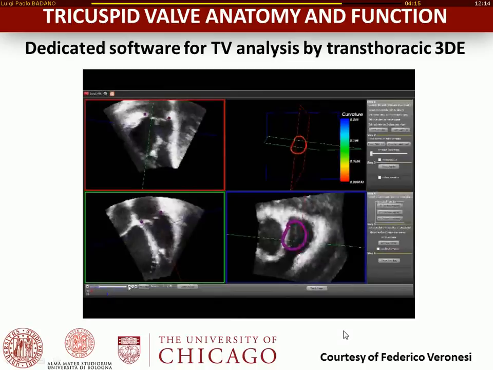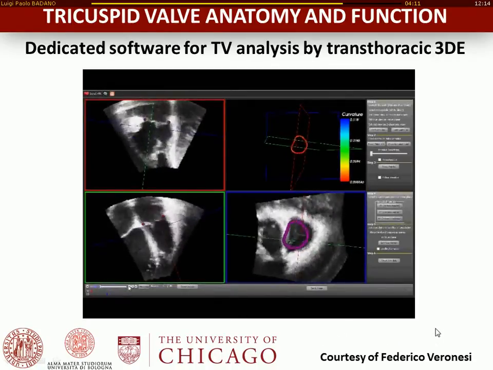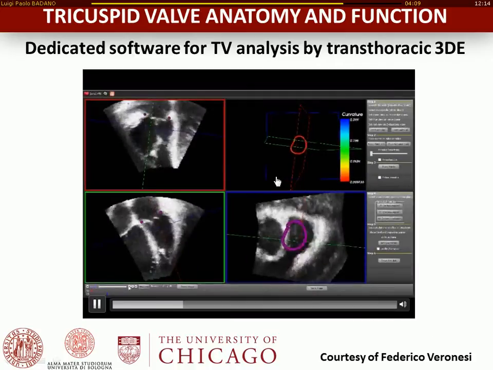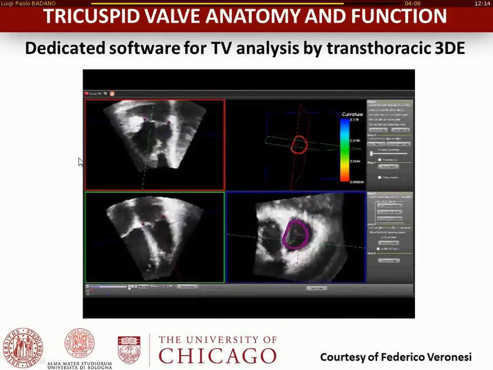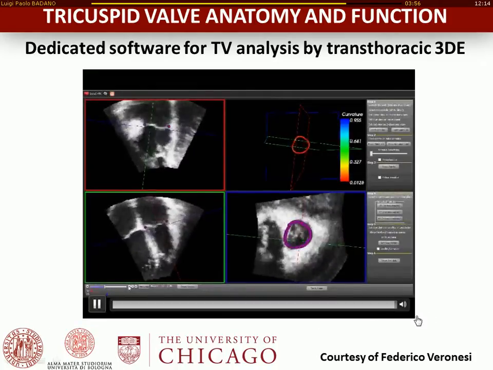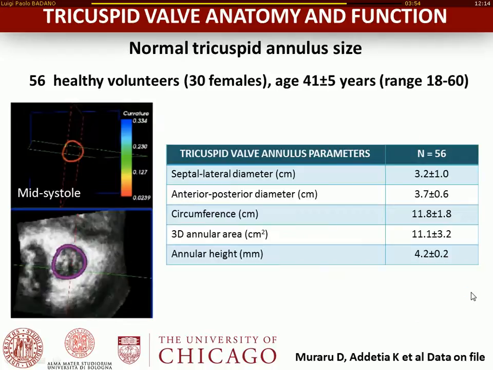This has been developed by Federico Veronesi and co-workers, the bioengineers in Bologna, who provided this original software that we are going to validate in clinical work in a cooperation between the University of Padua, the University of Bologna, and the University of Chicago.